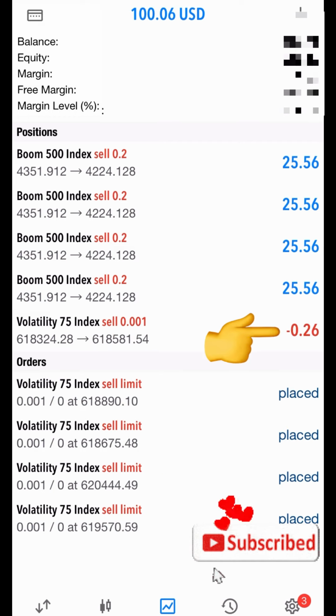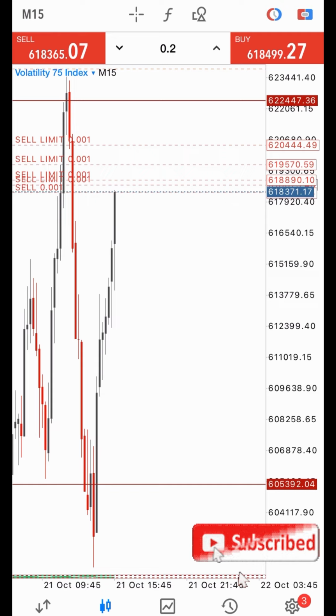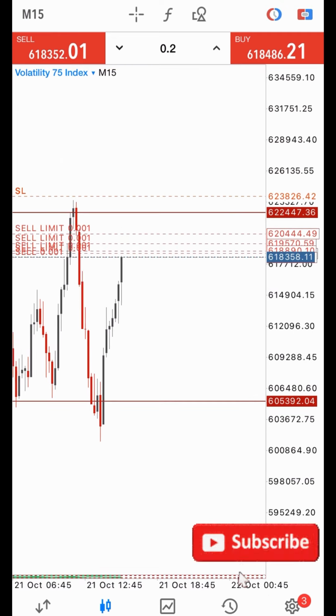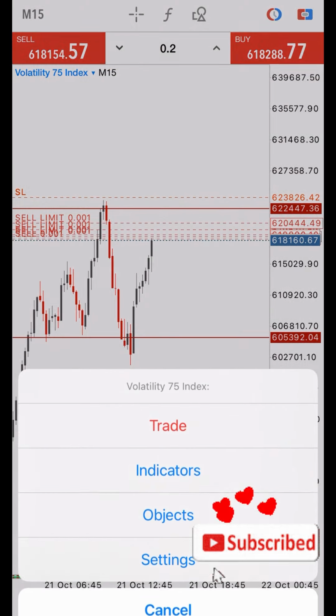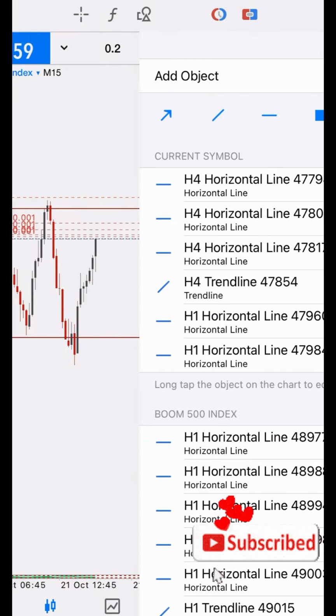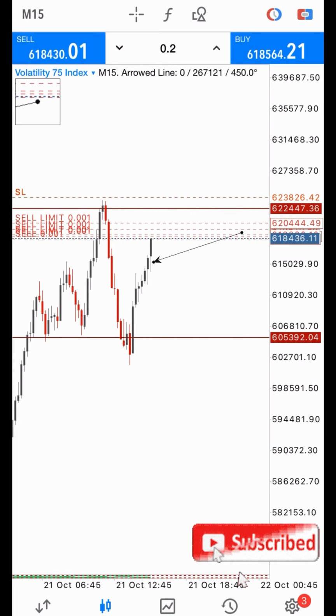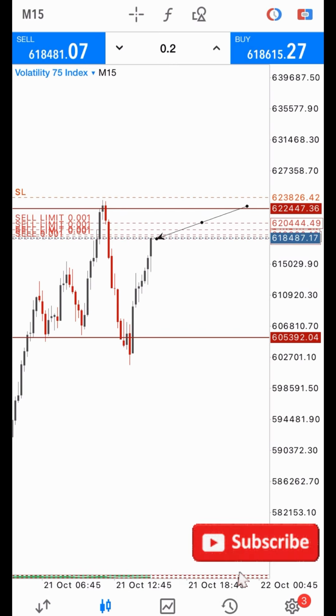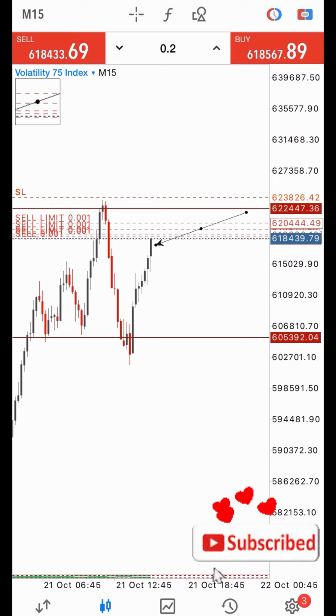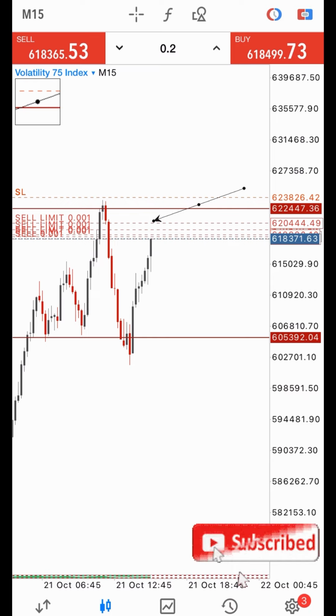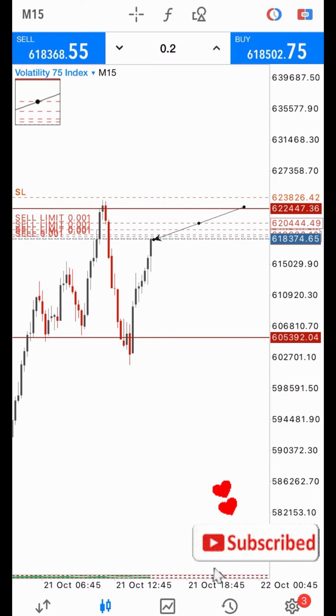I think one position has just triggered. Let me see. As you can see, one position has just triggered on my VIX 75 sell limit orders, which I've just placed here. If this price keeps going up, it's practically going to trigger all my sell limits.